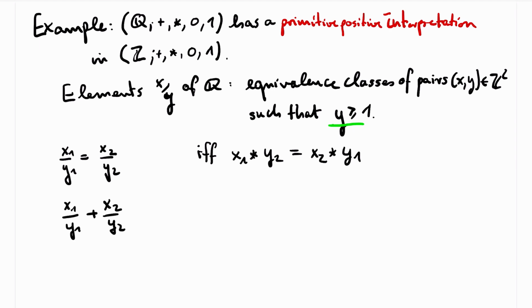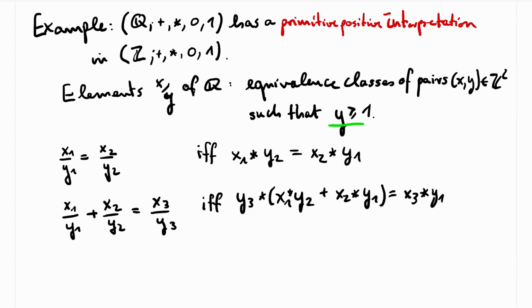With addition and multiplication, we can express how to add two rational numbers, x1 over y1 and x2 over y2. The result is x3 over y3 if and only if the following equation is satisfied in the integers between the coordinates. This equation is familiar to you if you multiply both sides of the equation with y1 times y2 times y3.